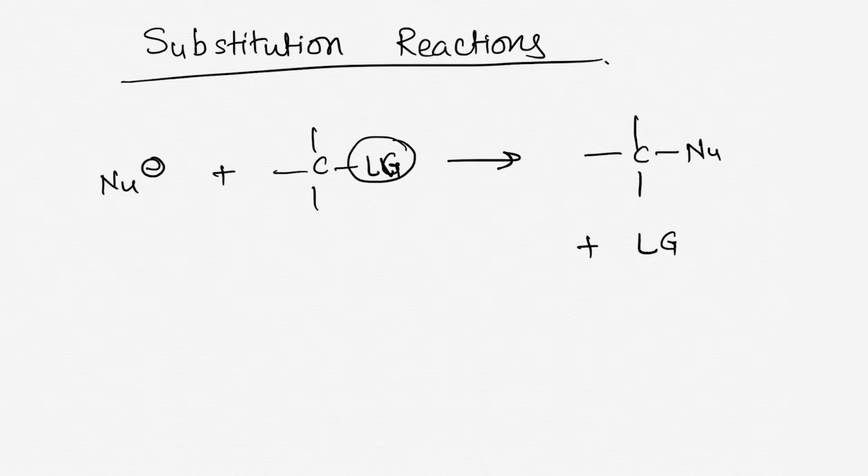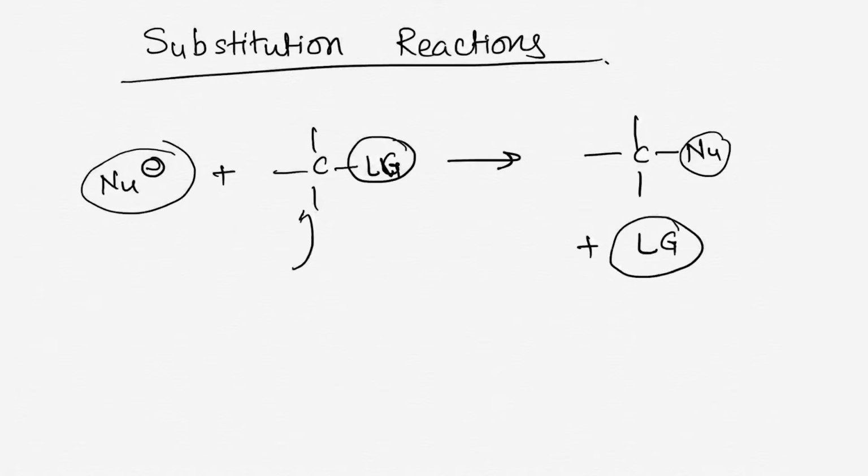Okay. So, now we are going to pay attention to each one of these terminologies. So, the leaving group is really the group that leaves, so it is easier to picture. The nucleophile is the group that either attacks or replaces the leaving group. So, that is my nucleophile, and the compound that we begin with is called the substrate. Okay.